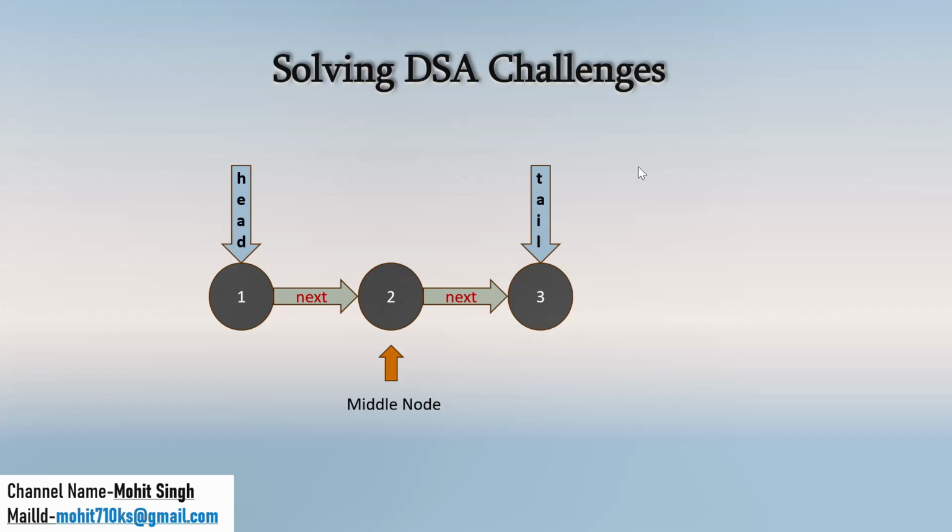But while we append a new node to the linked list, we will add this node at the end, right? Actually, I'm missing one. There should be next here also for node number 3. I missed it, so sorry for that. So what I will do is self dot tail, which is pointing to this last node, dot next. Basically, next was pointing to None. So we'll write self dot tail dot next equals new node.